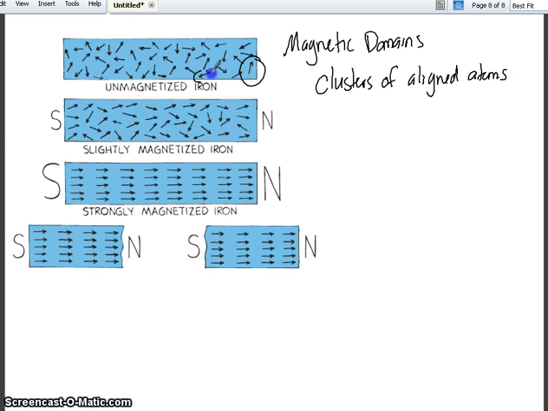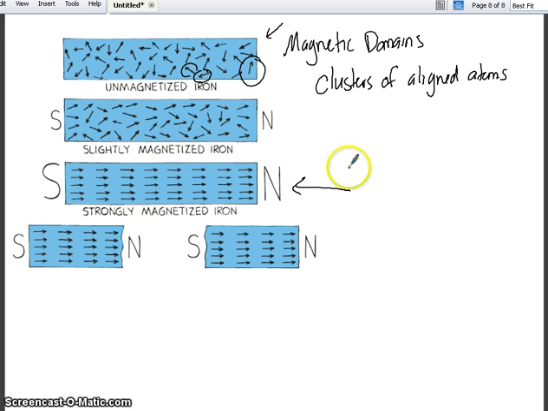There's a whole lot of atoms, thousands or millions, that are all aligned to each other. This would be an unmagnetized piece of iron, where all the magnetic domains are pointing in random directions. Here, the magnetic domains are starting to align themselves to each other, and this would be a full-on magnet where all the magnetic domains are now aligned with each other.